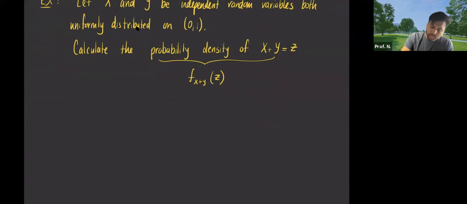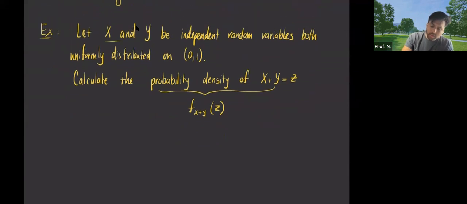And then what do we know about the x and y? They're independent, right? And they're uniformly distributed. So the PDF of x, and we're using z as an input, so let's use z. So the PDF of z is what? It's 1 when z is between 0 and 1.